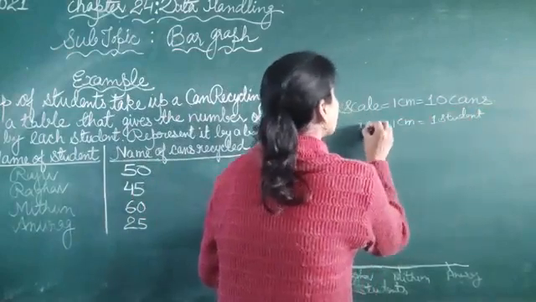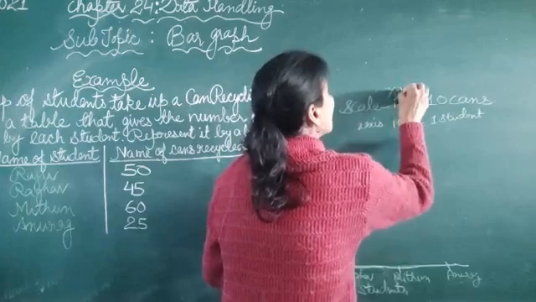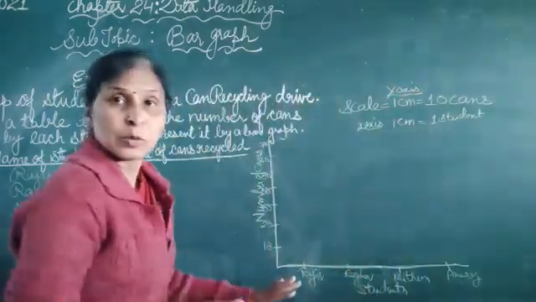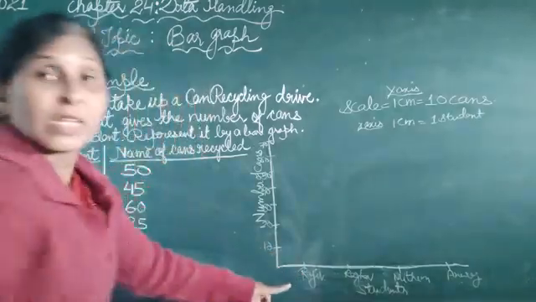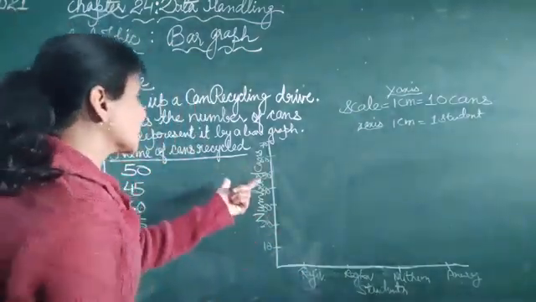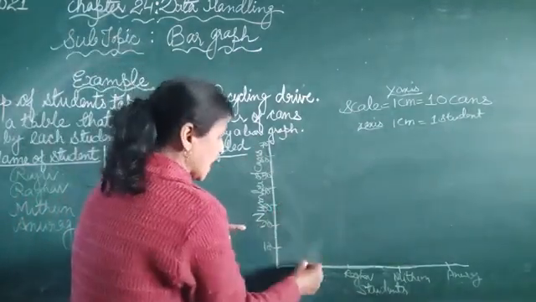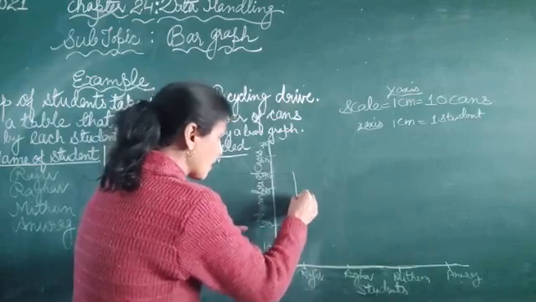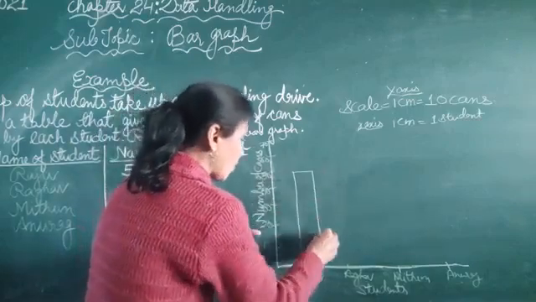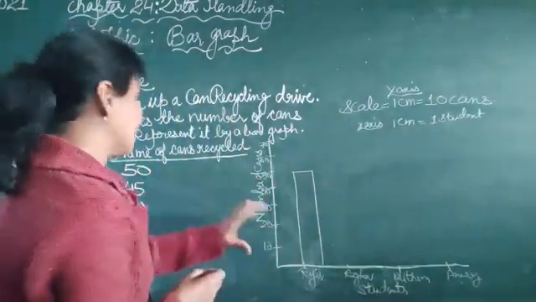On the x-axis and on the y-axis, these scales we can use. Now Rajiv, how many cans did he recycle? That is 50. So here is 50 and here is Rajiv. So we join and draw this bar like this, a rectangle bar.